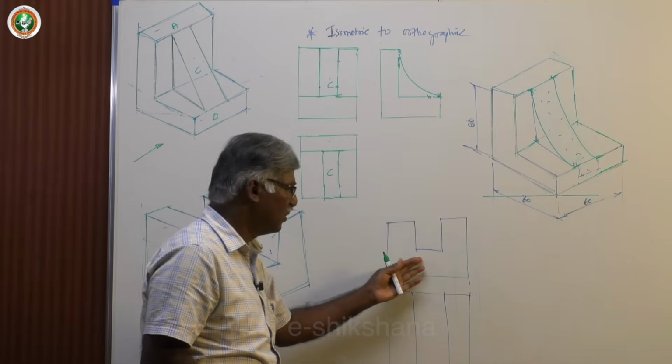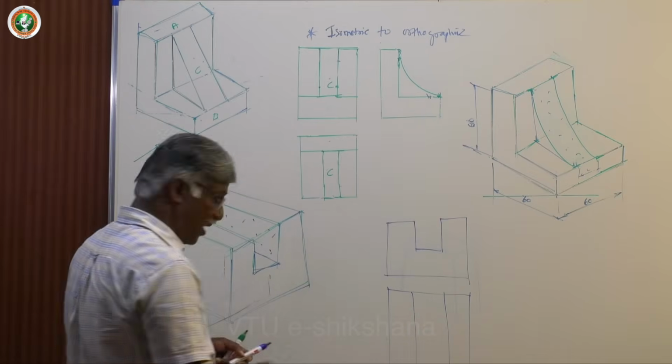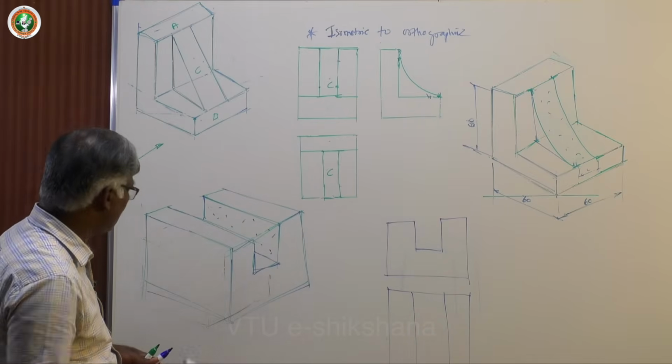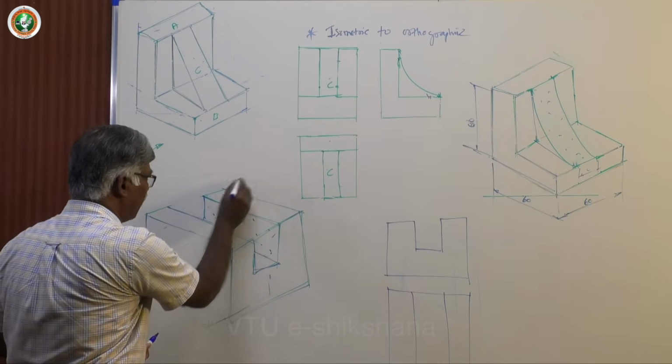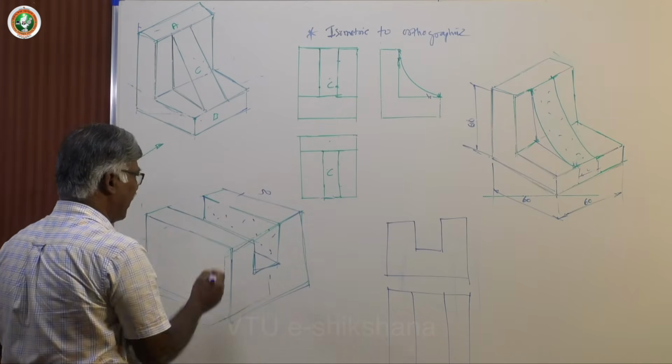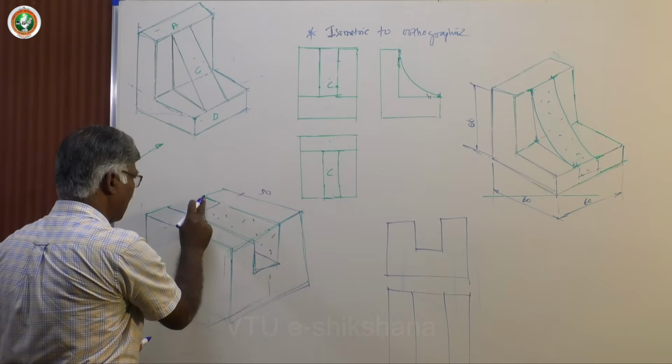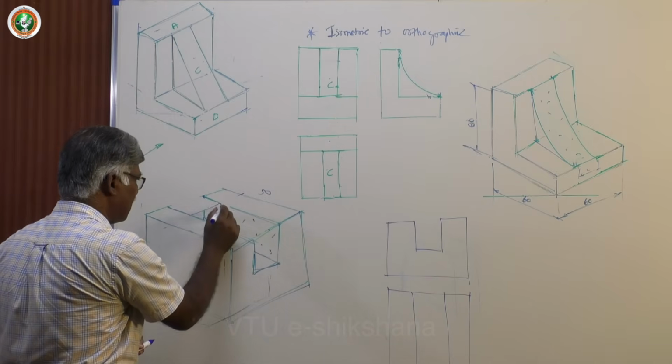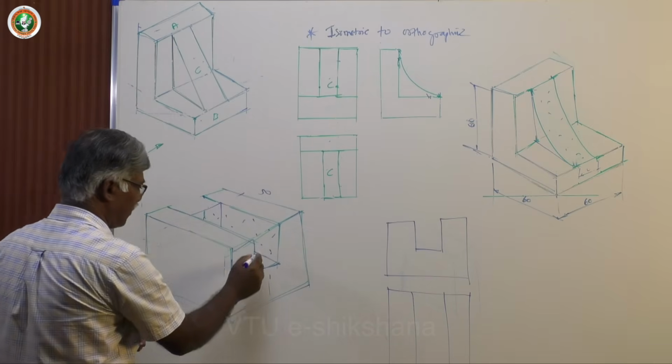So dimensions are there. Suppose that I try to block this at this point. Say this is total 50, dimension is 50. At a distance of 35, I close this channel type. I'll make this way. Okay.